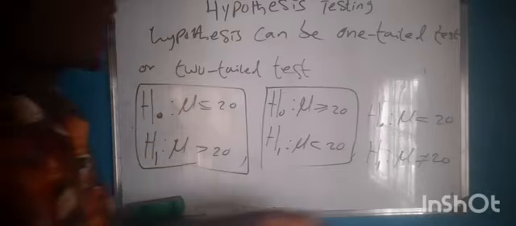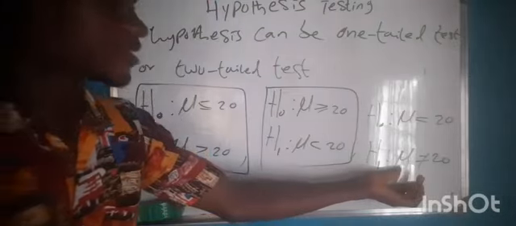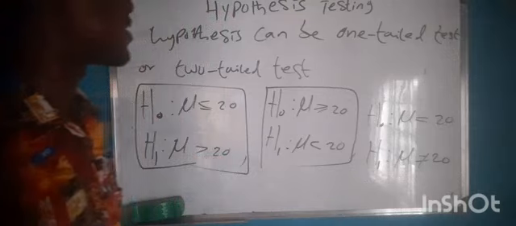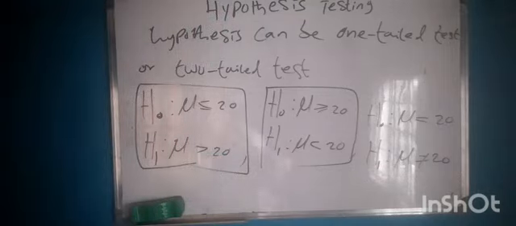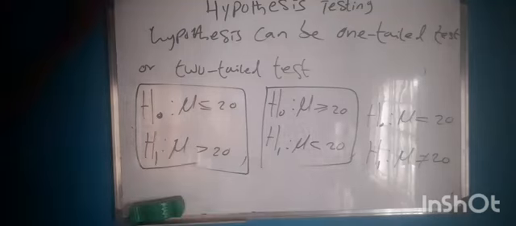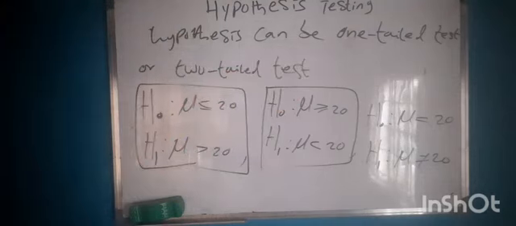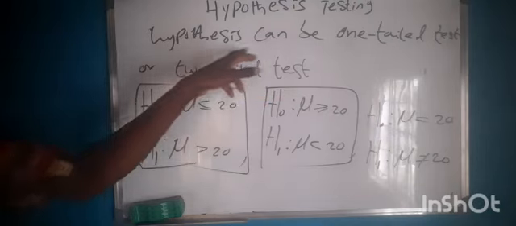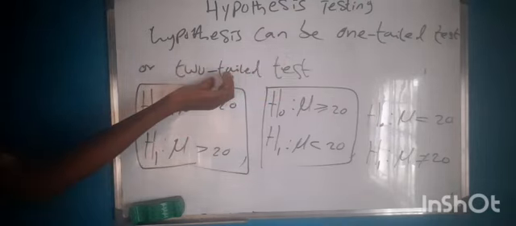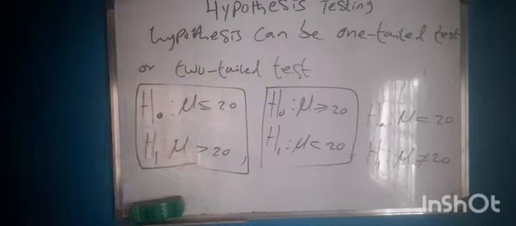When you have a hypothesis like this, we call it a two-tailed test. So a one-tailed test is one-sided and directional, while a two-tailed test is non-directional. That is, it is not one-sided.